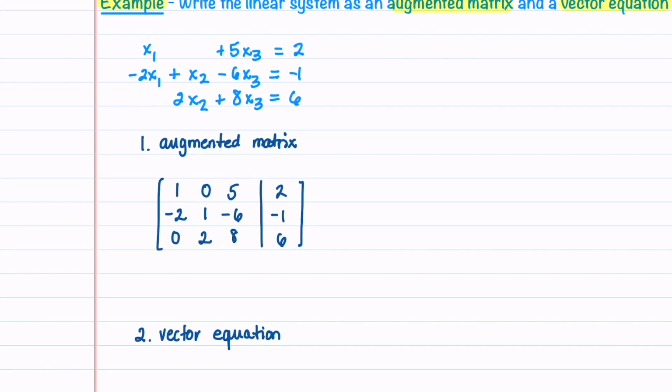We're going to call the columns of our augmented matrix a1, a2, and a3, and we're going to call the right-hand side b. We can then write this augmented matrix as a1, a2, a3, augmented with vector b.